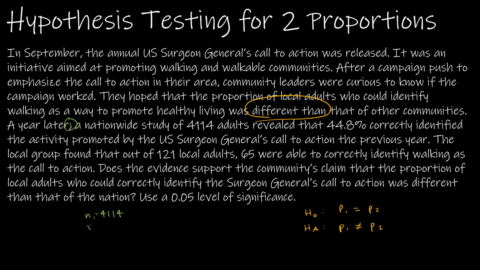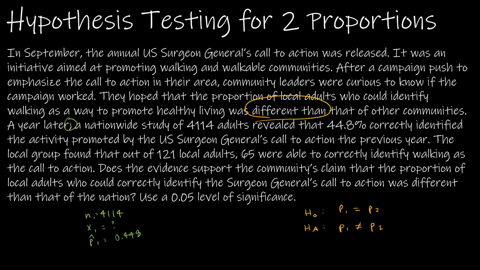Now this one's a little bit different, so I'm glad we're going through this one together. Notice they did not give me X1, but they did give me P hat 1, and that is 0.448.